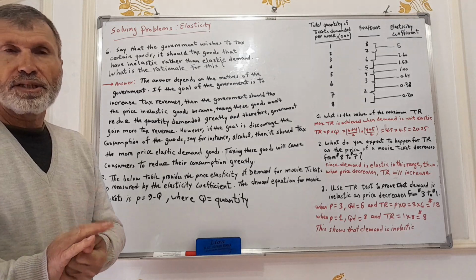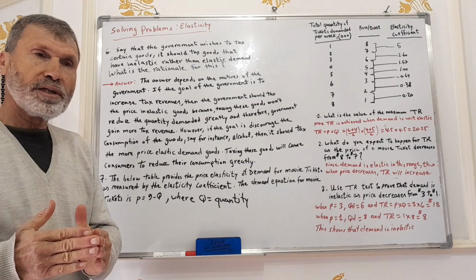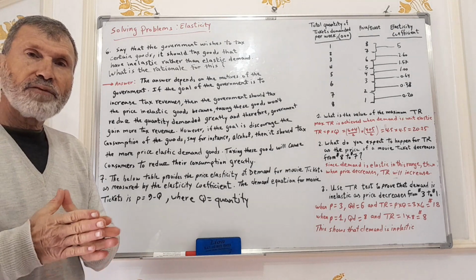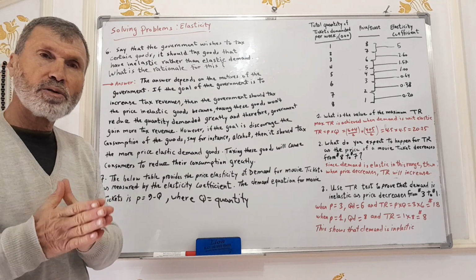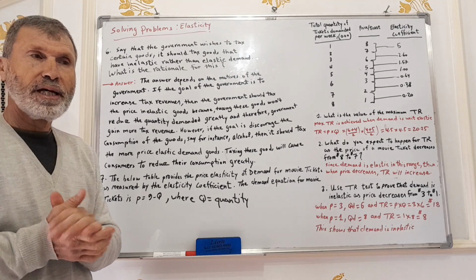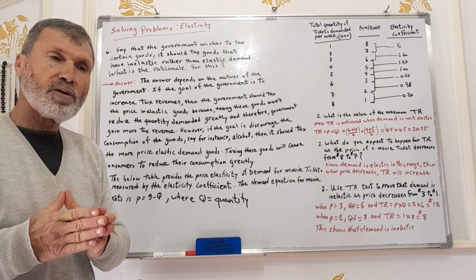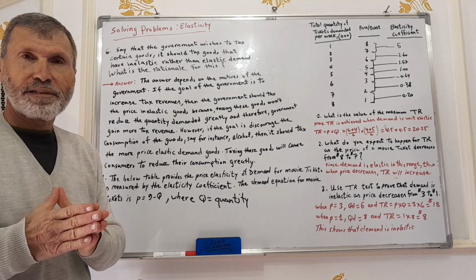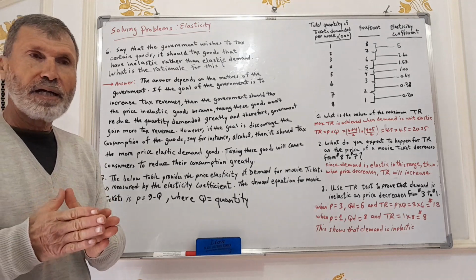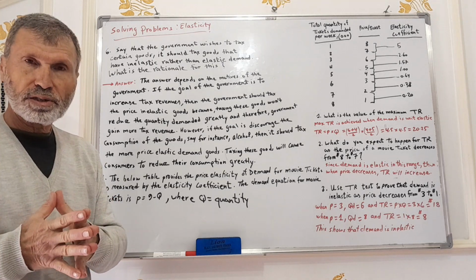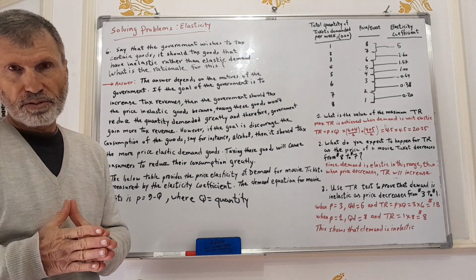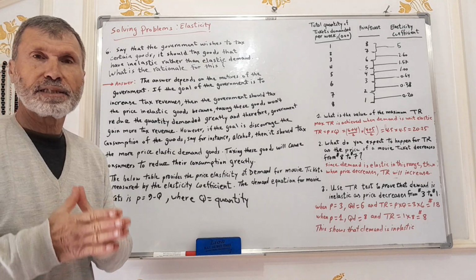If the government's intention is to gain more revenues, then the government should tax the goods that have inelastic demand. Because taxing these goods will not reduce the quantity demanded greatly, and therefore it won't harm the producers, and consequently the government will gain more tax revenue by taxing these inelastic goods.